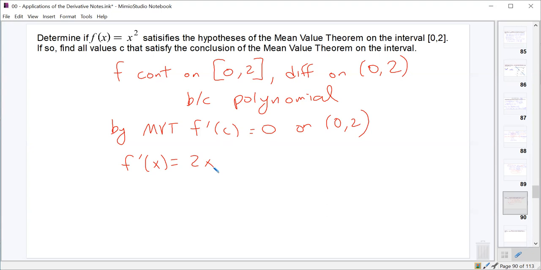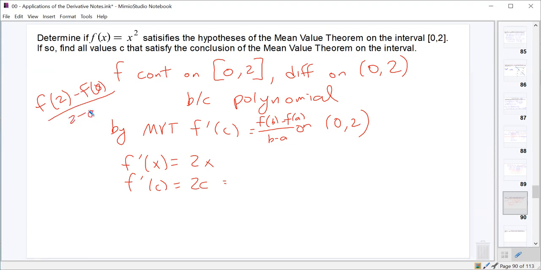So we're guaranteed that, I wrote out the Rolle's theorem. We're guaranteed that f prime of c is not equal to 0. I don't know why I was thinking we were still doing Rolle's theorem here. It's equal to f of b minus f of a over b minus a on the interval 0 to 2. So f prime of x equals 2x. So that tells us that f prime of c would then be 2c, must equal the average rate of change on this interval, which means we need to find f of b minus f of a over b minus a.